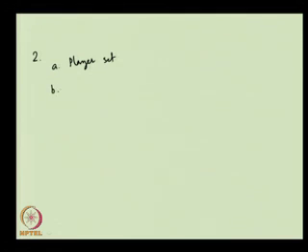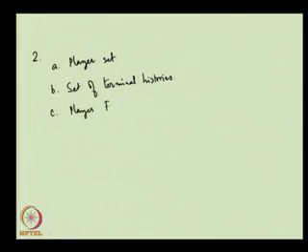Second is the set of terminal histories, where each terminal history is a sequence of actions such that no sequence of actions is a subset of some other sequence of actions. Thirdly, the player function: given a non-terminal history, we should know who is the player who is now required to make a move.